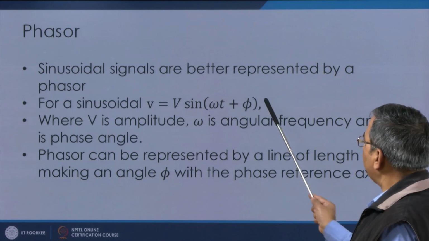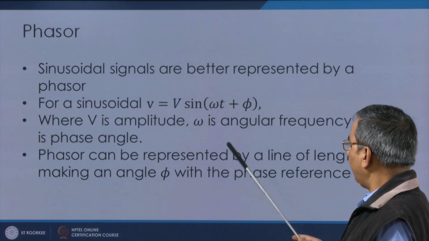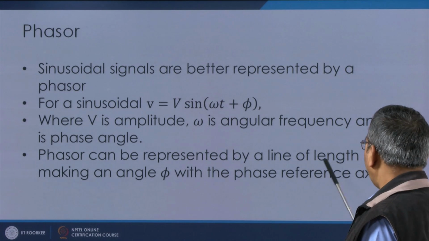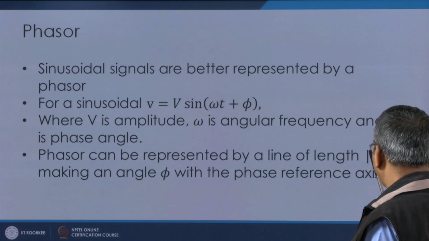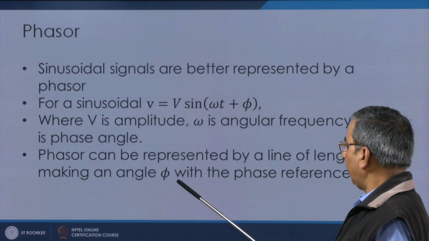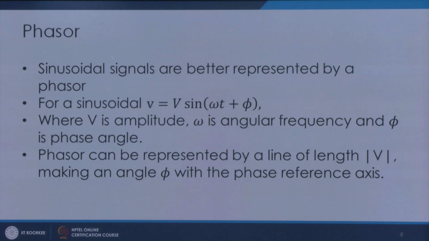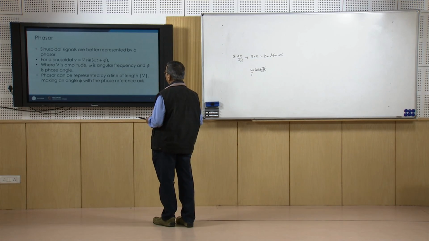Now, this sinusoidal signal can be represented in a phasor by a line of length equal to the magnitude of V, making an angle phi with the phase reference axis.